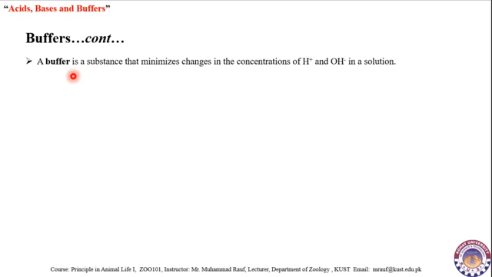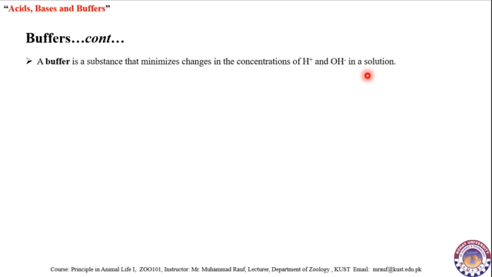Now we define a buffer as a substance that minimizes changes in the concentration of hydrogen and hydroxyl ions in a solution. This buffer term is, I hope, not new for you as far as this course is concerned, because in the topic of the plasma membrane we studied cholesterol, which acts as a fluidity buffer and maintains the fluidity of the plasma membrane at a proper level.